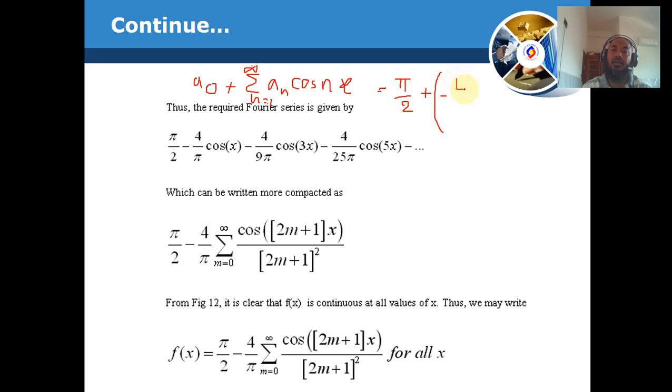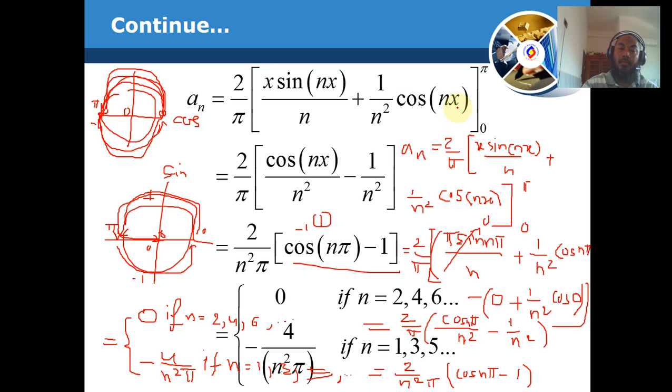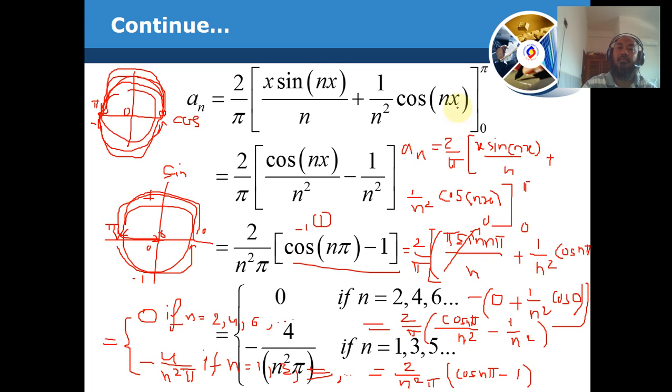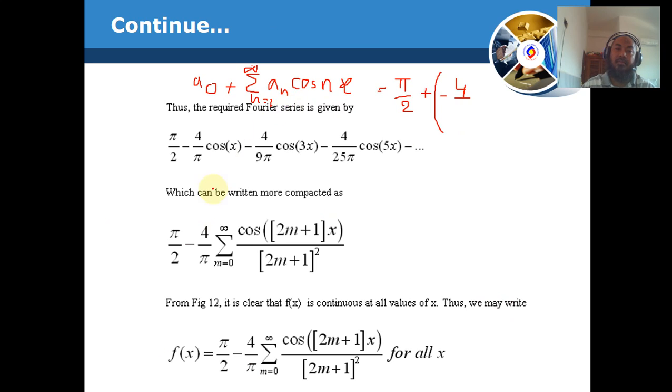We will have minus 4 divided by 1 square pi, multiplied with cos 1x, correct? This is nx.